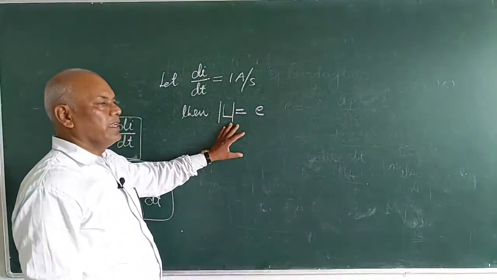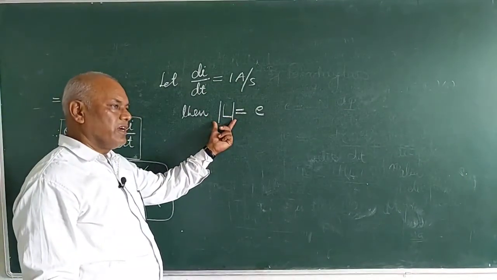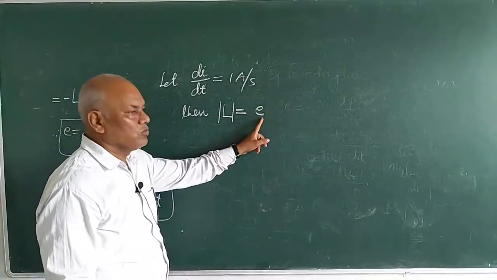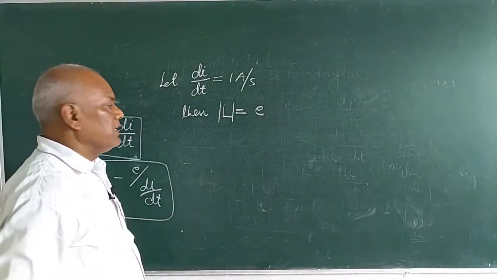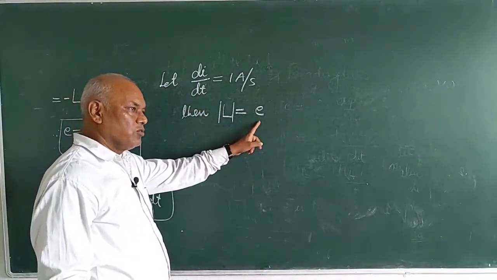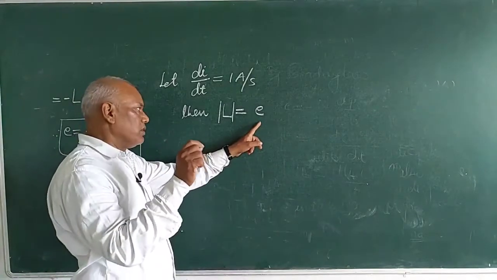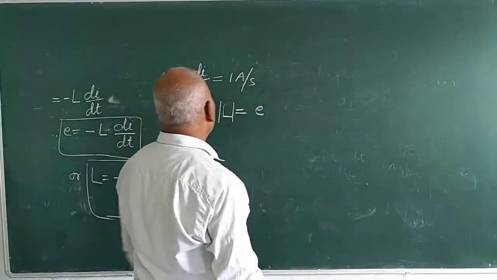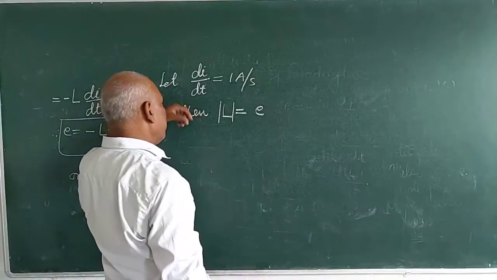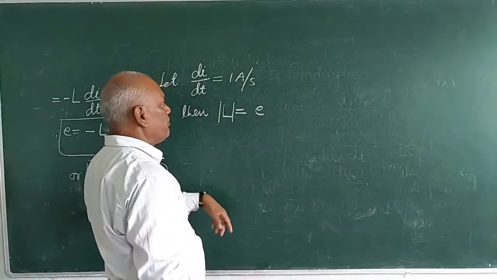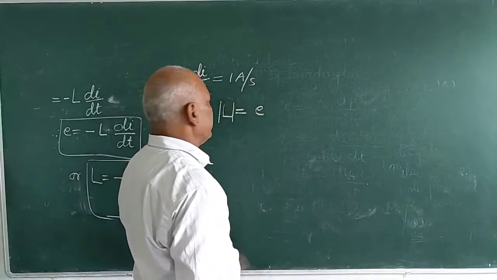So how can we define it? The coefficient of self-induction is equal to the induced EMF produced in the coil when the time rate of change of current becomes 1 ampere per second.